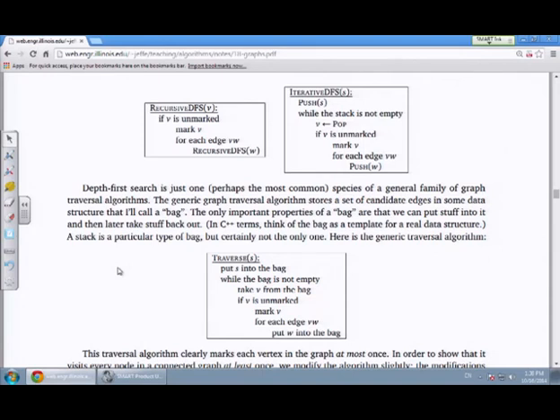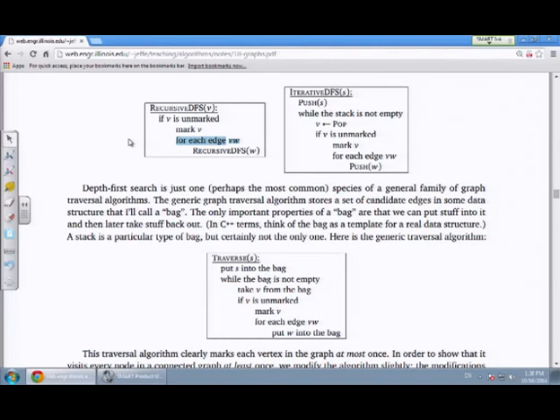In this for loop, when I run the algorithm on a big graph, it is going to be executed once for every vertex v, which means I'm going to look at each edge in the graph exactly twice. Once from one end and once from the other.